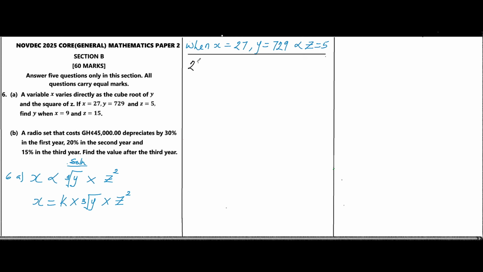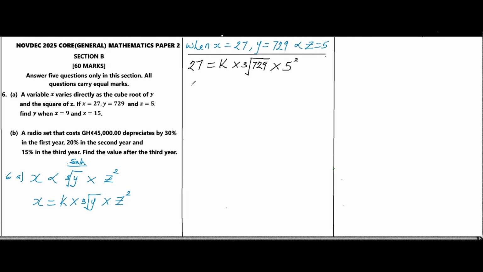which is k. So we have 27 in place of x equal to, we have our constant k multiplying the cube root of y, knowing that y is 729. So this multiplying z squared, so that is 5 squared.